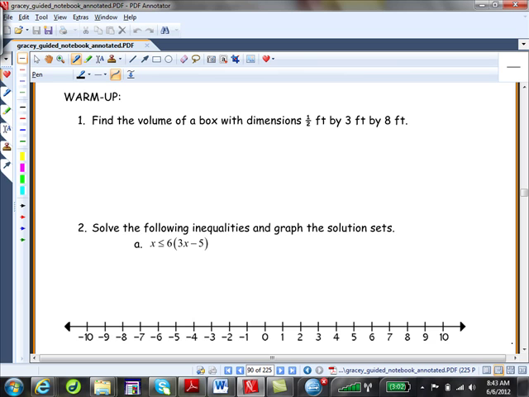Find the volume of a box with dimensions 1/2 foot by 3 feet by 8 feet. The volume is equal to the length times the width times the height. So our volume will be 1/2 times 3 times 8.